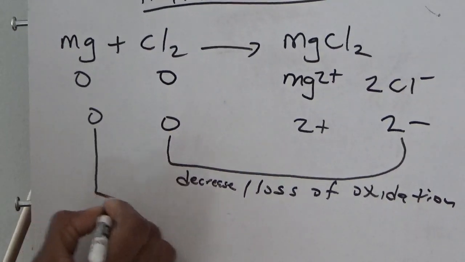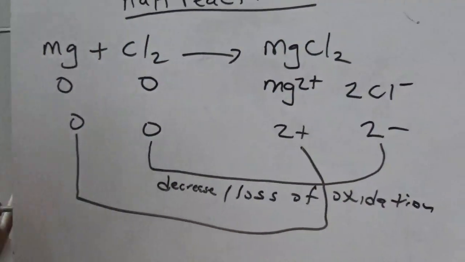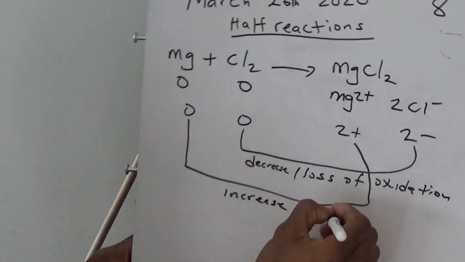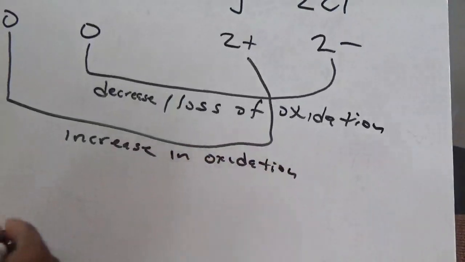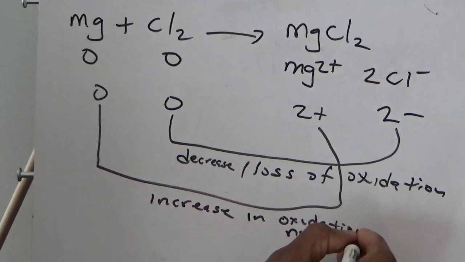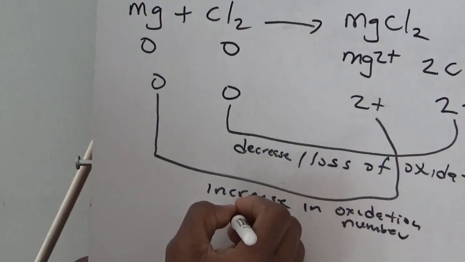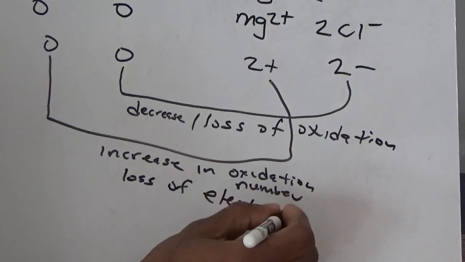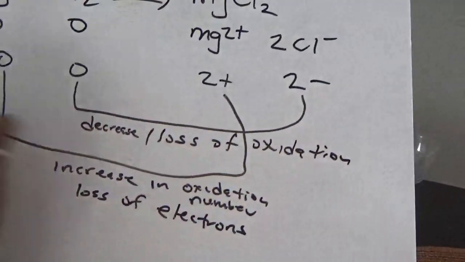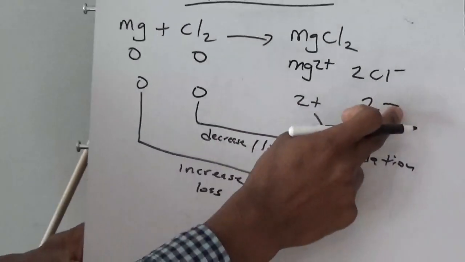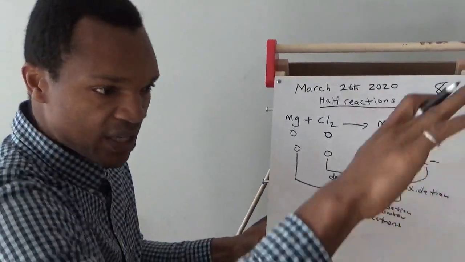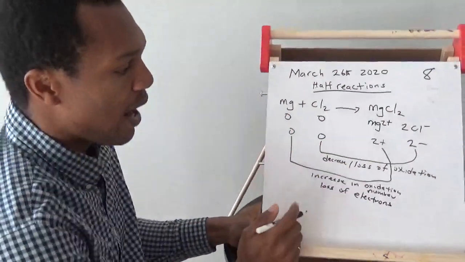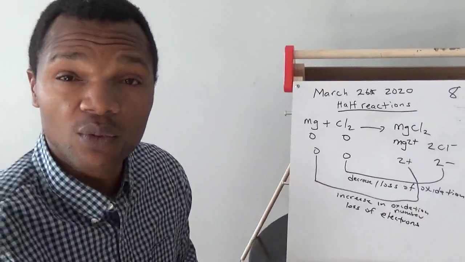Going from 0 to 2 is an increase in oxidation number, or you can say it's a loss of electrons. If you look at it this way, from 0 to negative means you're going down, and from 0 to 2+ means you're going up. This is how you can figure out which one is an oxidation and which one is a reduction.